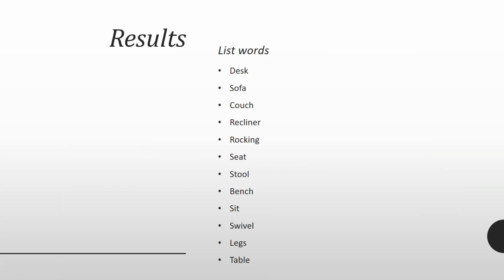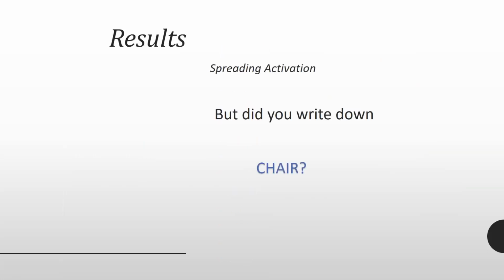And since all of them are probably connected to chair in your semantic memory or your memory network, there was a lot of spreading activation that likely went to chair. And remember, when that activation spreads, it pulls that information into your working memory so that you can use it. So it actually activated the word chair in your working memory, even though you didn't see it. And so perhaps you wrote down the word chair in the Ed Puzzle, or at the very least, you thought of the word chair.